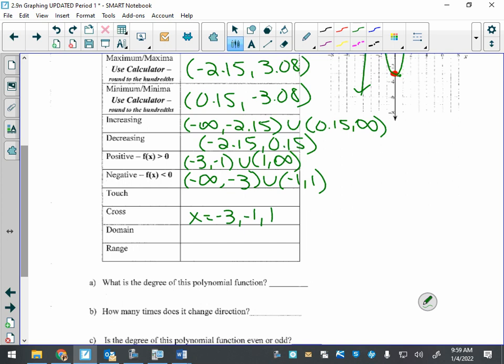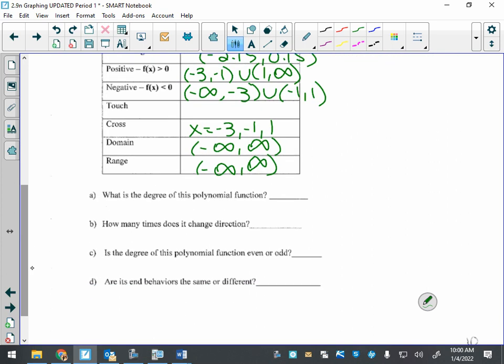What is my domain and range? Zoe, what's my domain and range? Good. They both are the same. Okay. What is the degree of the polynomial? Kaden. 3.